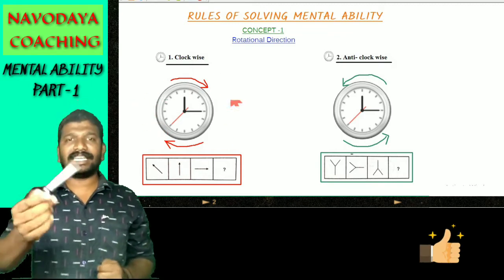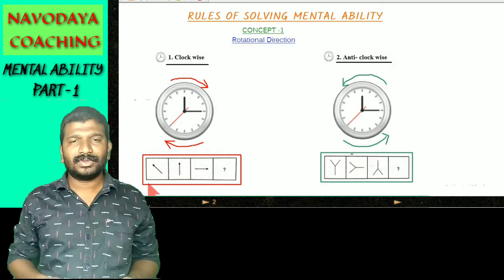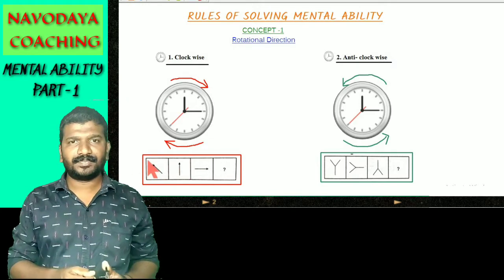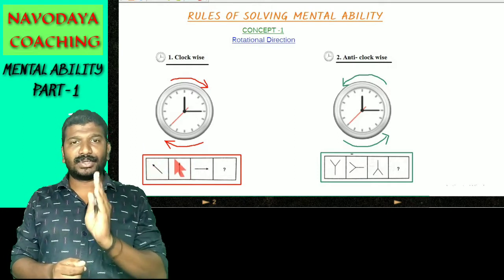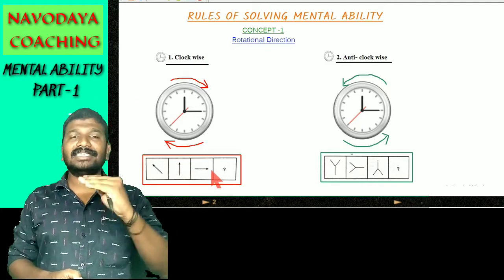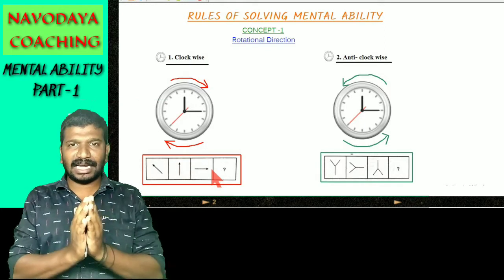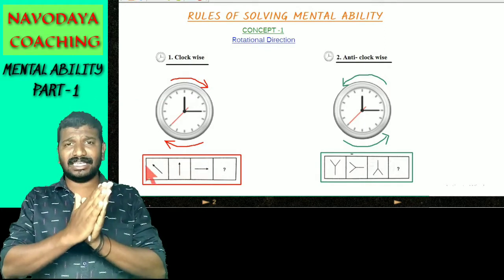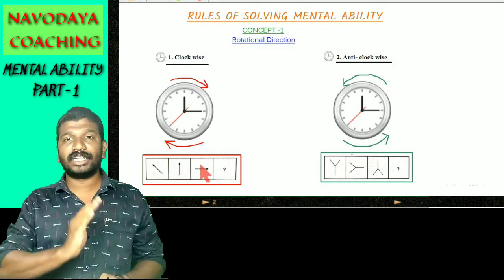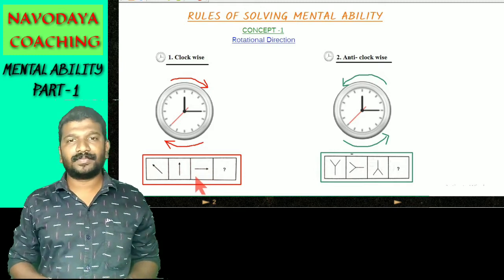You can check the example given below. The arrow mark is in the left upper portion. That arrow mark is moving to the top middle and then to the right middle. So we can understand that the arrow mark is rotating clockwise.